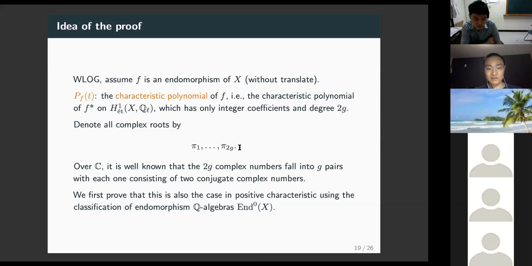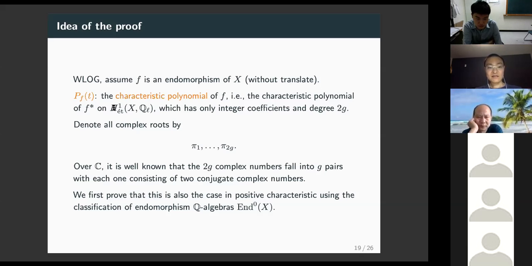So we have 2g complex roots, maybe with some multiplicities. Over C, it is well known that the 2g complex numbers fall into g pairs, with each one consisting of two conjugate complex numbers.